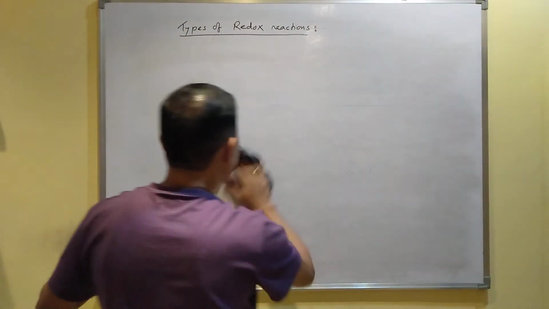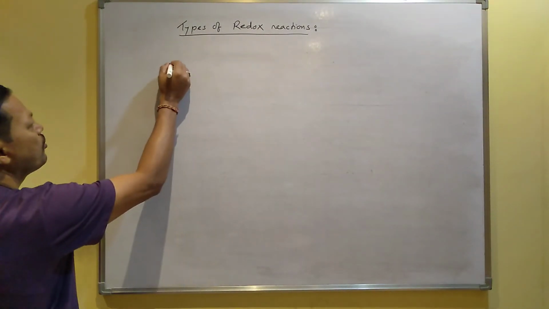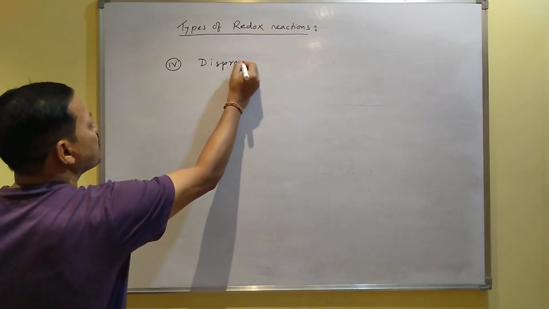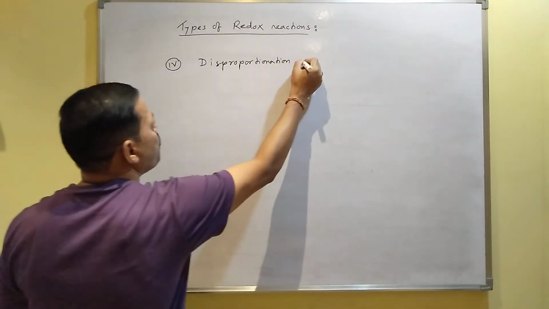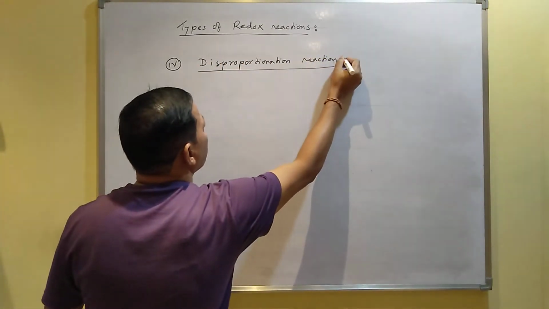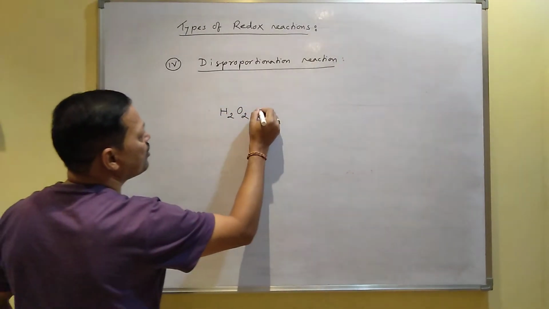Now another type of reaction, which will be number 4, this is called disproportionation reaction. This is one reaction, hydrogen peroxide.